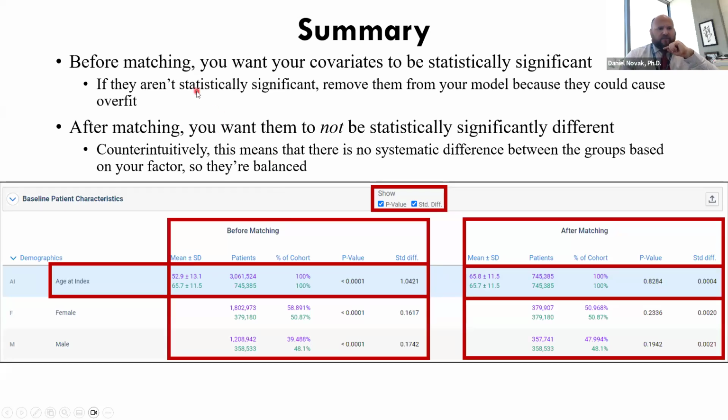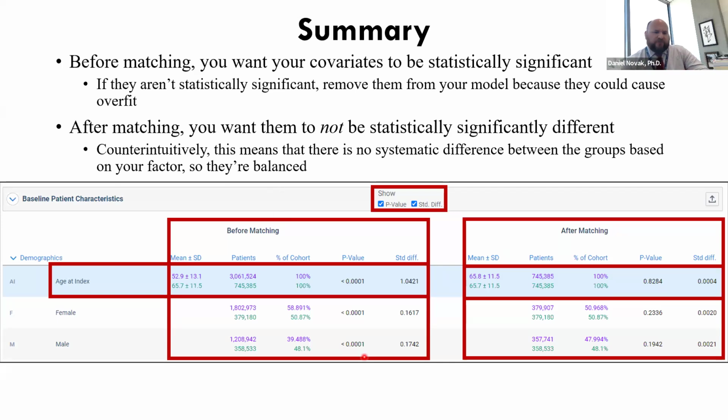Well, I'll actually explain in a second, but just to recap, before matching, you want your covariates to be statistically significant. If they aren't, that means that you can probably remove that factor from your model because it can cause overfit. It can distort the amount of variance, which isn't allocated correctly.